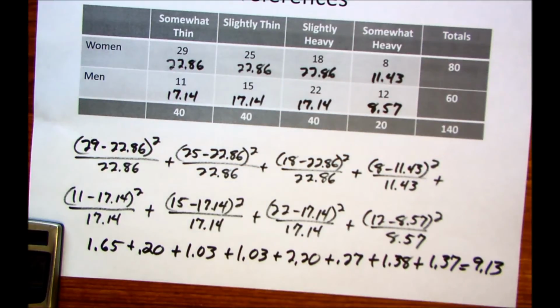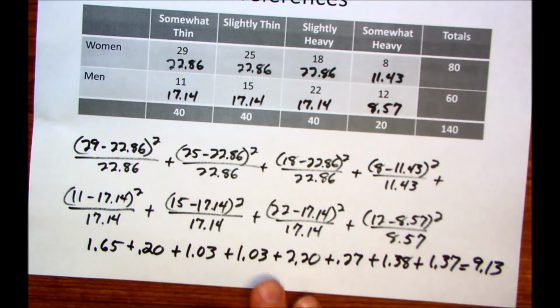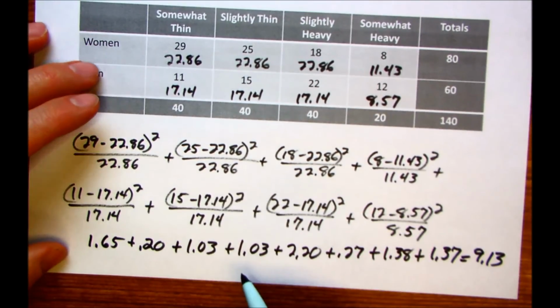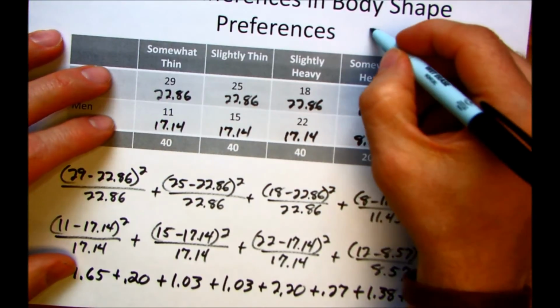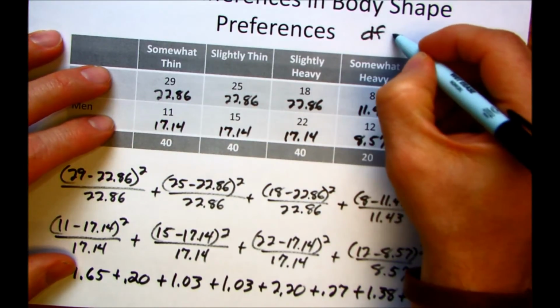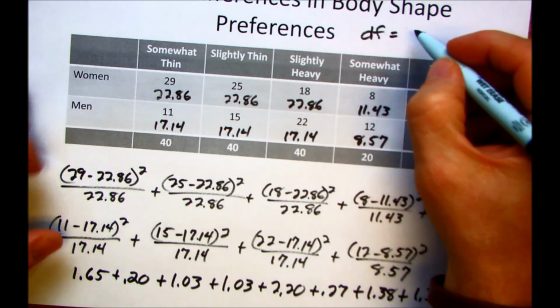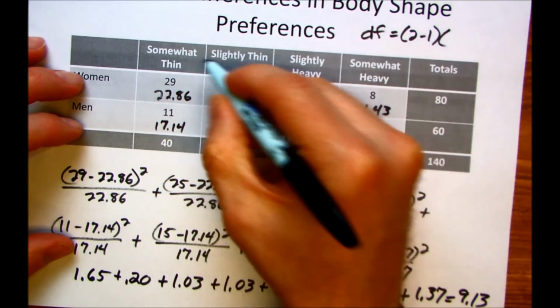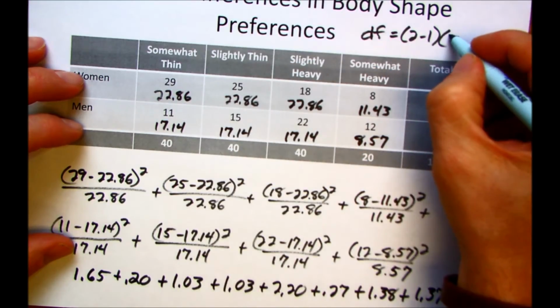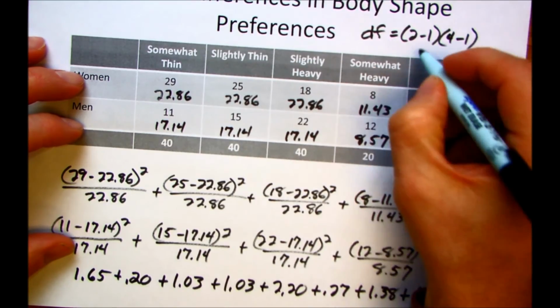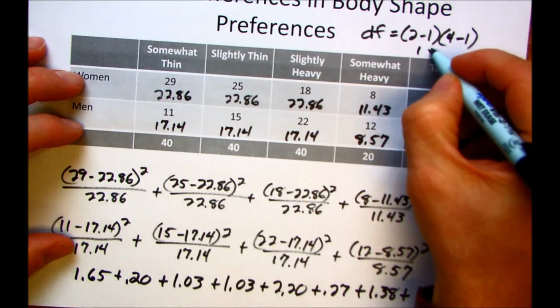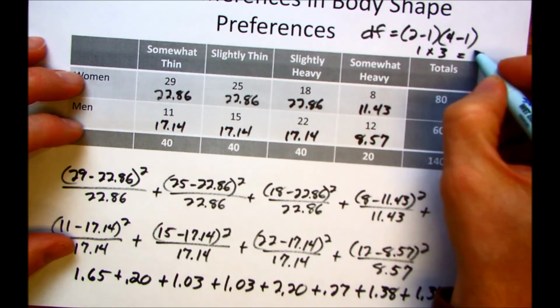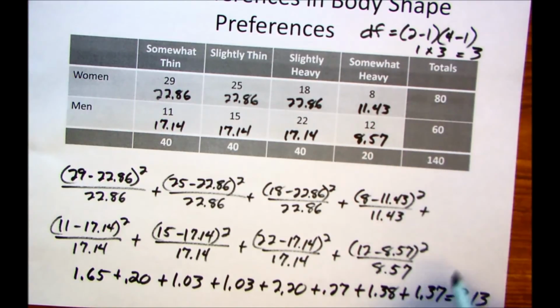Our chi-square is 9.13. As we work through, we need our degrees of freedom. Degrees of freedom equals the number of rows minus 1, times the number of columns minus 1, which is 1 times 3, equals 3, our degrees of freedom.